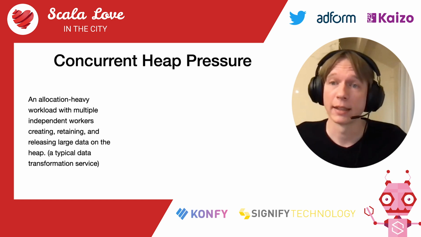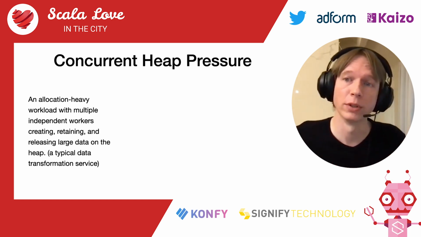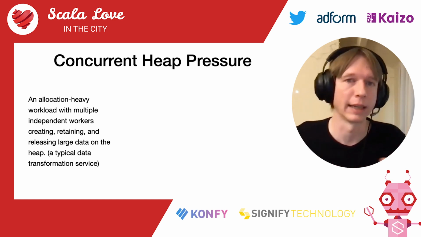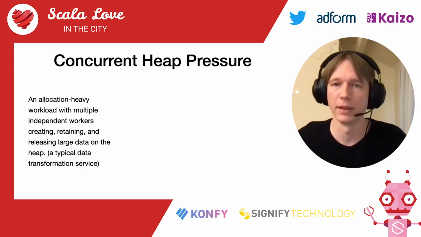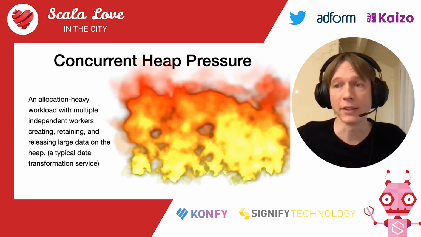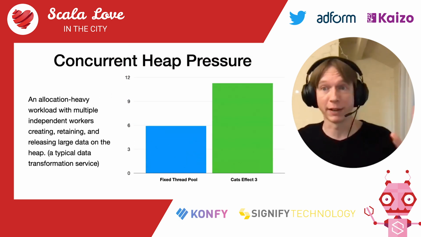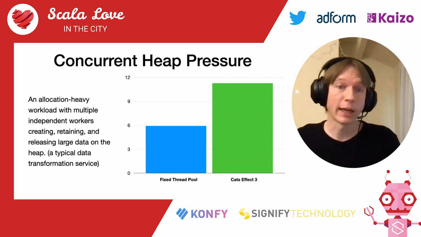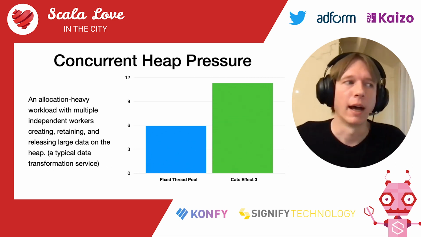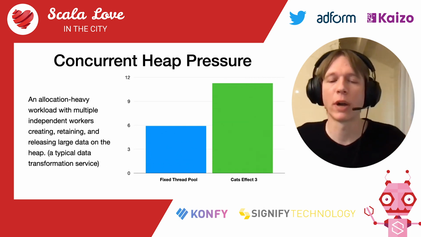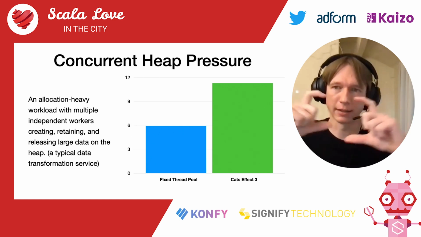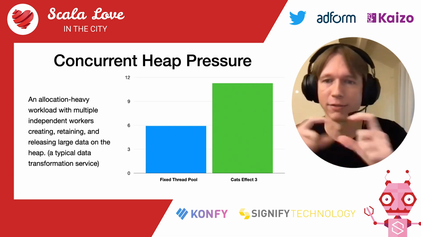So what does this look like? Again, comparing fixed thread pool to the Cats Effect 3 scheduler, trying to get things as close to apples to apples as possible. Well, this one, Cats Effect 3, also comes out really substantially ahead. I mean, it's not 55 times anymore, but 2x, give or take. And again, this is trying to measure not just some micro benchmark thing, like how fast is flatMap or something like that.